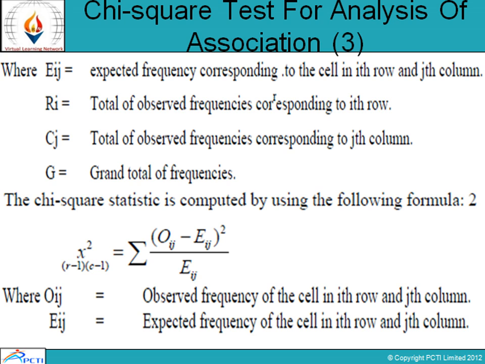Here r minus 1 and c minus 1 indicate the degrees of freedom, where r stands for the number of rows and c stands for the number of columns. Now for any given level of significance, the computed chi-square value is compared with the tabulated chi-square value. In case the computed chi-square is greater than the tabulated chi-square, we reject the null hypothesis to conclude that the variables are dependent.